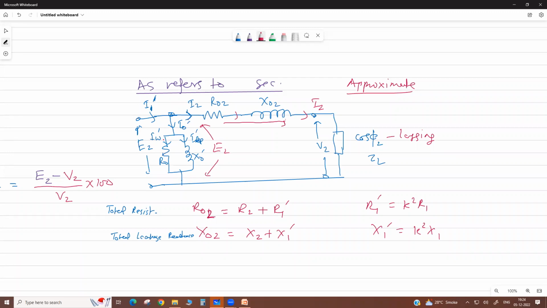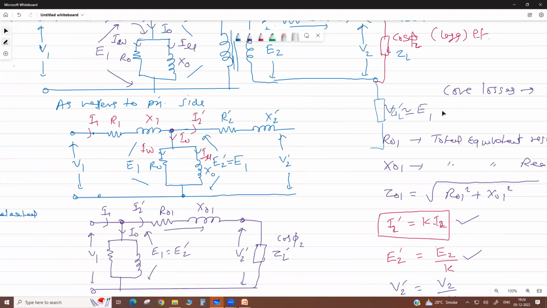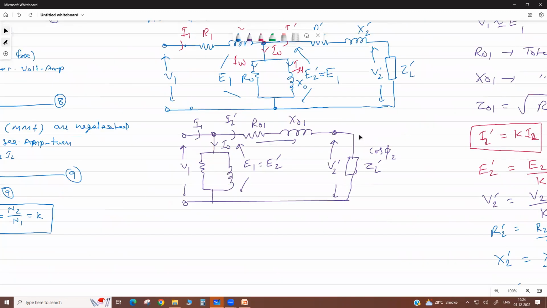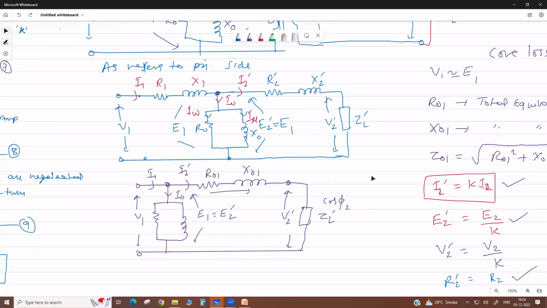Because here we shifted the magnetizing branch. Actually it was between the primary and secondary impedance, but we have considered it at the supply end. Now, what was the exact equivalent circuit? This is your exact equivalent circuit.